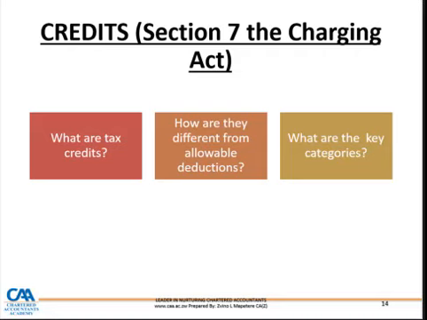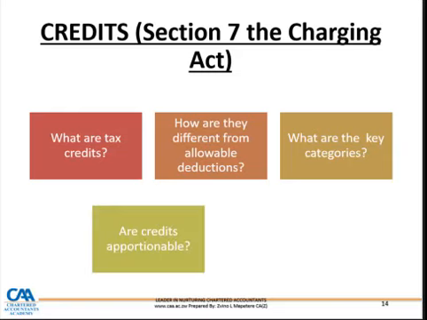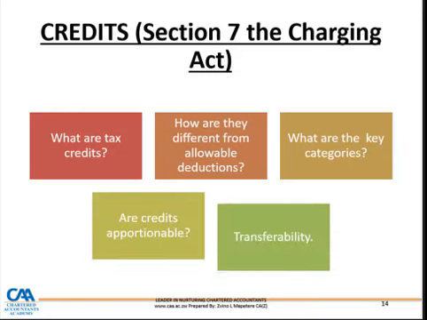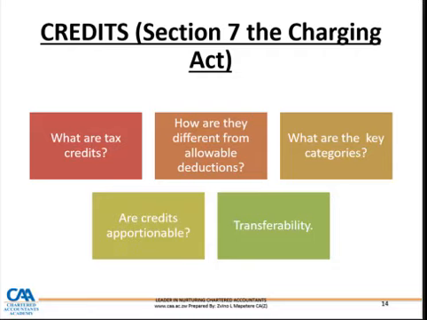Next, you'd ask yourself, if I do get a credit, is it possible for me to transfer that credit to another person? Most credits are not transferable between people, but your blind person's credit and your mentally or physically disabled person's credit are transferable, but only between spouses.